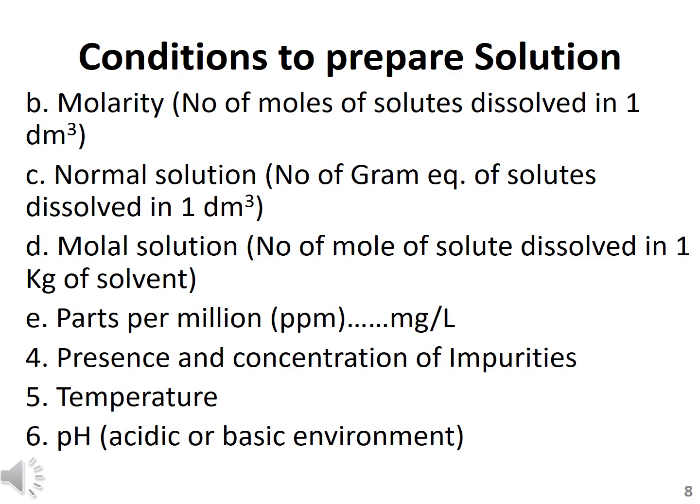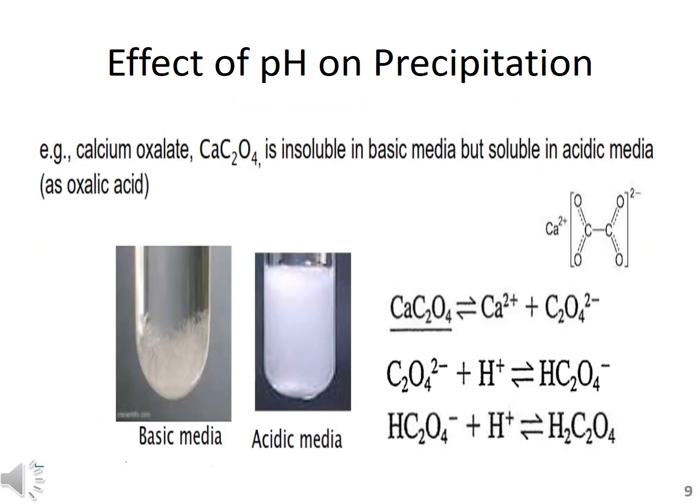And the last parameter is the pH. We will be very keen towards the environment of the reaction chamber, whether it is an acidic environment or a basic one. In the next slide we will see what the impact of this acidity or basicity of the environment is on the gravimetric analysis.